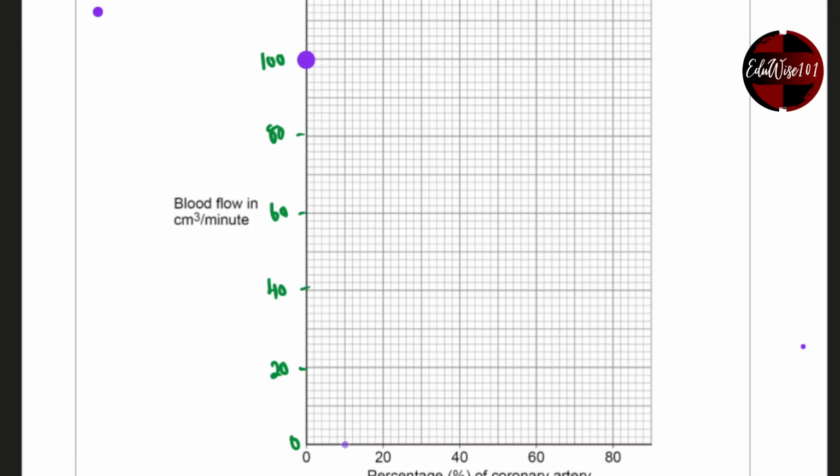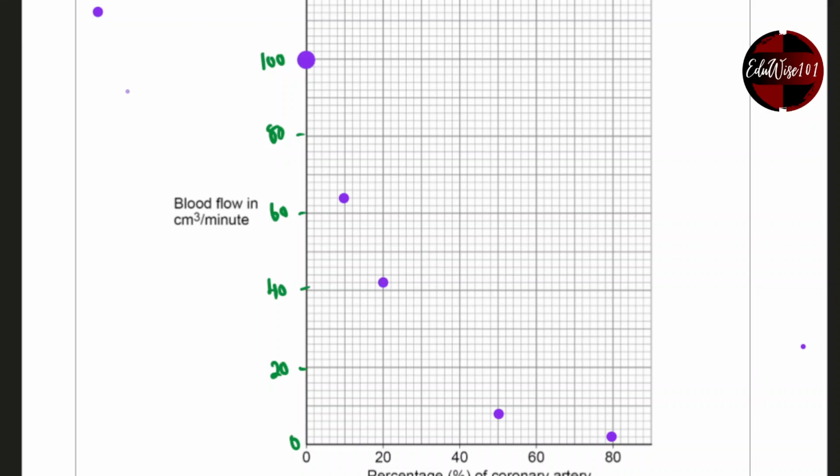So at 10 it's going to be 64 for there, and 20 it's going to be 42, and at 50, which is over here, is going to be 8. That's 8, and at 80 is going to be 2.